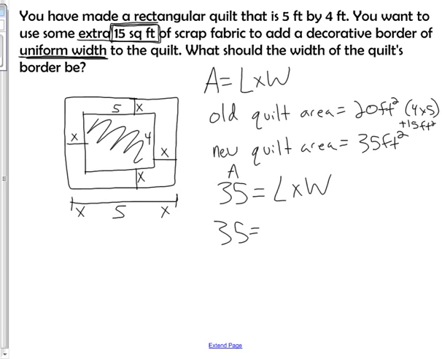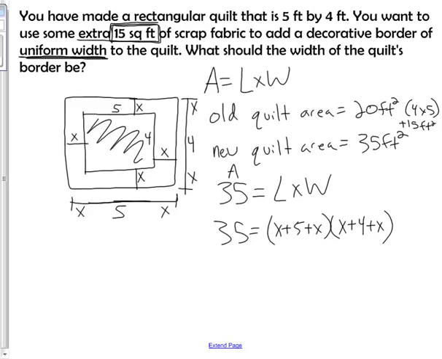My X border, 5 feet long, and my X border. So my length I can write as X plus 5 plus X. And my width is similar. It's going to be this X border plus the original 4 and the other X border. So X plus 4 plus X. Okay, so this is an equation that is true. So 35 should equal X plus 5 plus X times X plus 4 plus X.